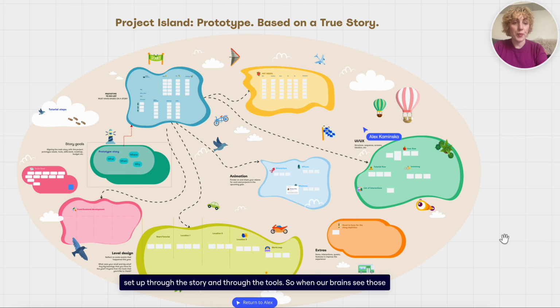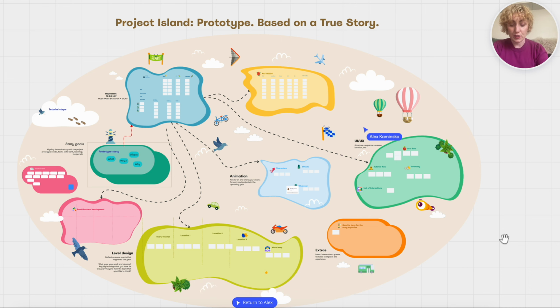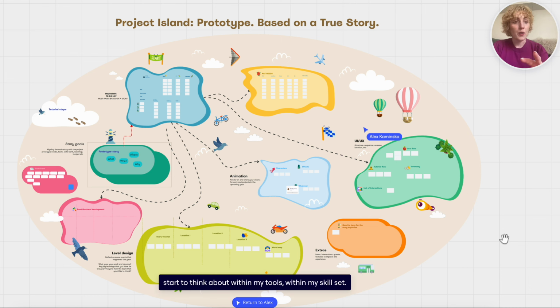When our brains see those limits, that there is a story we need to depict and tools we have, we ask: what can we do using this? This is how every brain in your team starts to think: within my tools and my skill set, what can I do to make this particular story revealed in the best way?